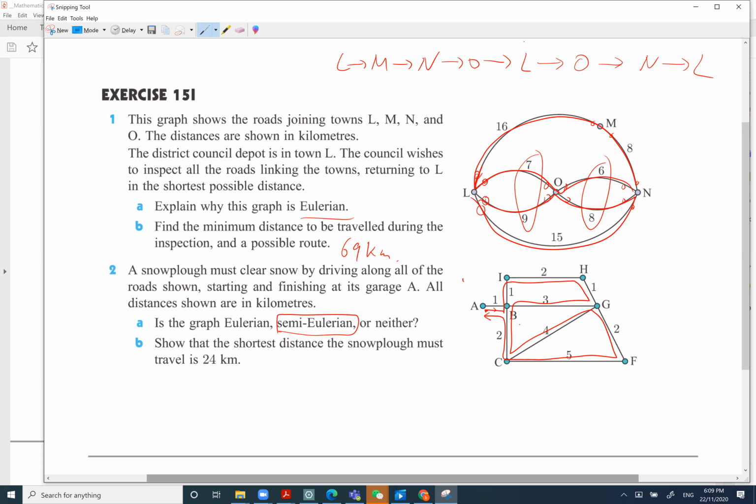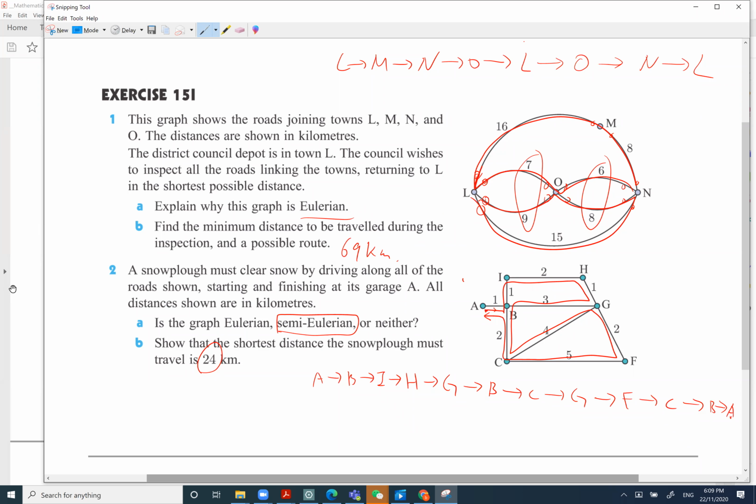Yes. Yeah, 24. So the route goes A to B, to I, to H, to G, to B, to C, to G, to F, to C. Then repeat back to A.